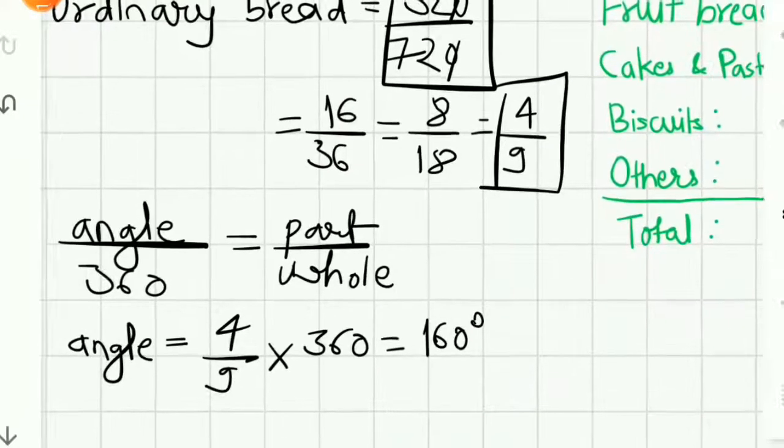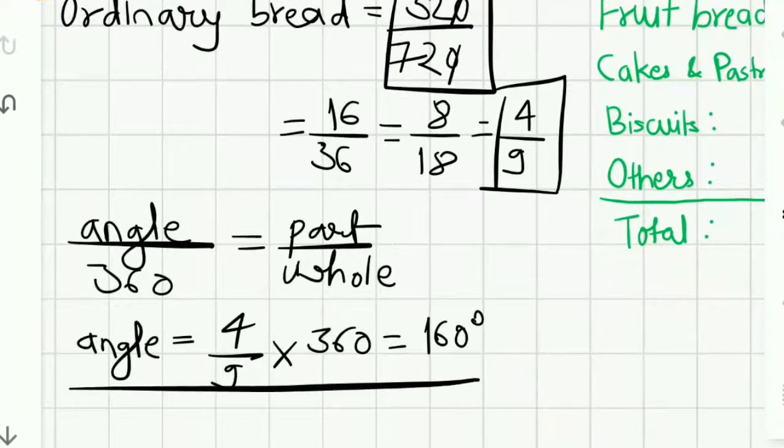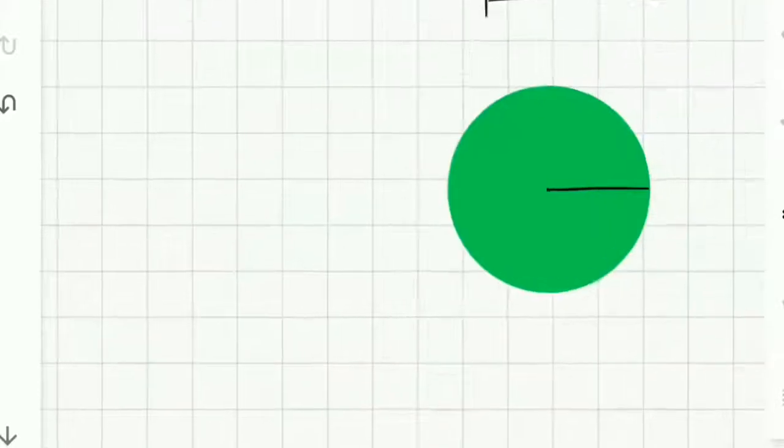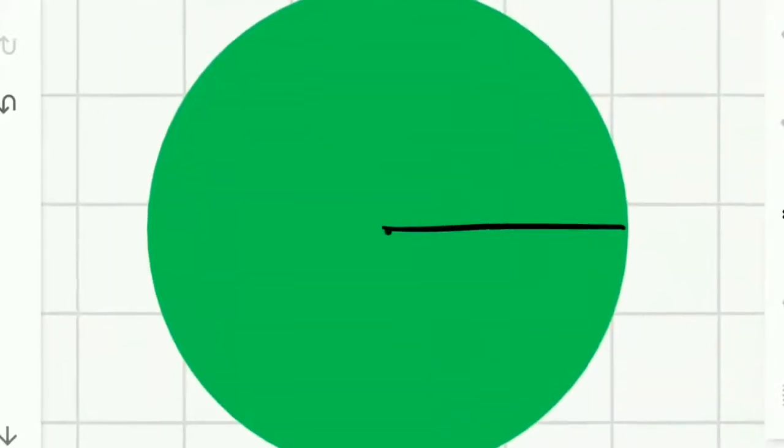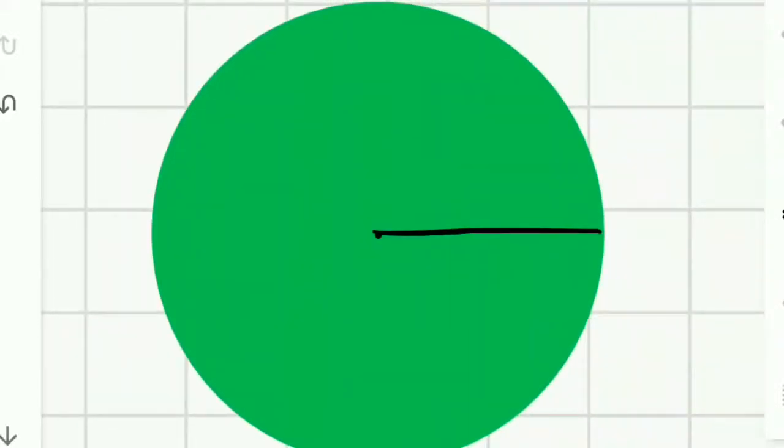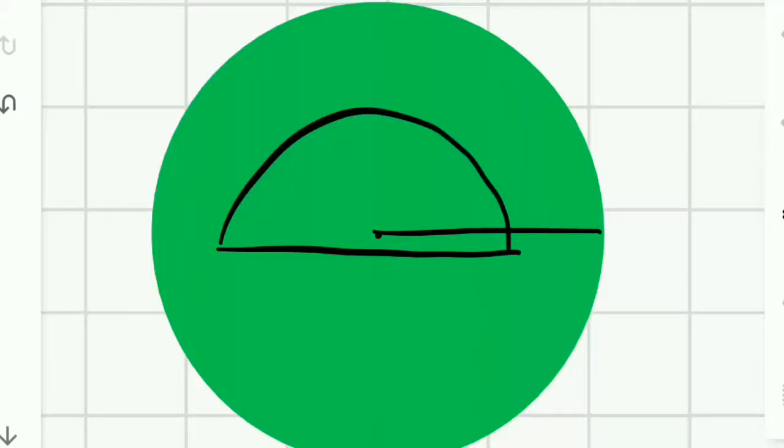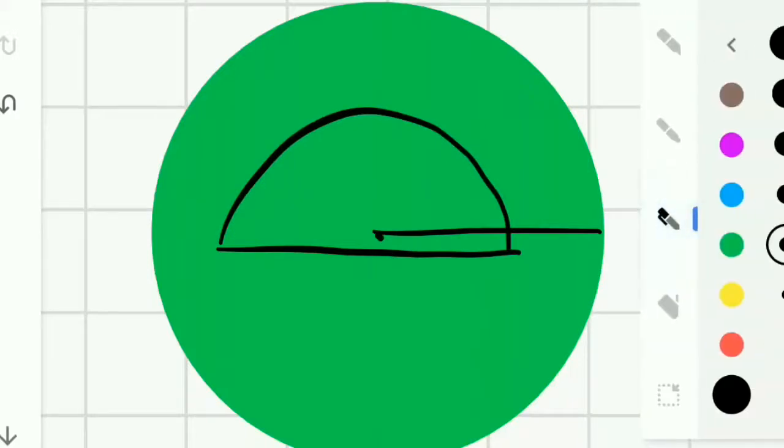Now the first angle that we found out is 160 degrees and that is for ordinary bread. So what we do here is we use a protractor, put the center of the protractor, that is, it looks like this, right? So the center is somewhere over here.